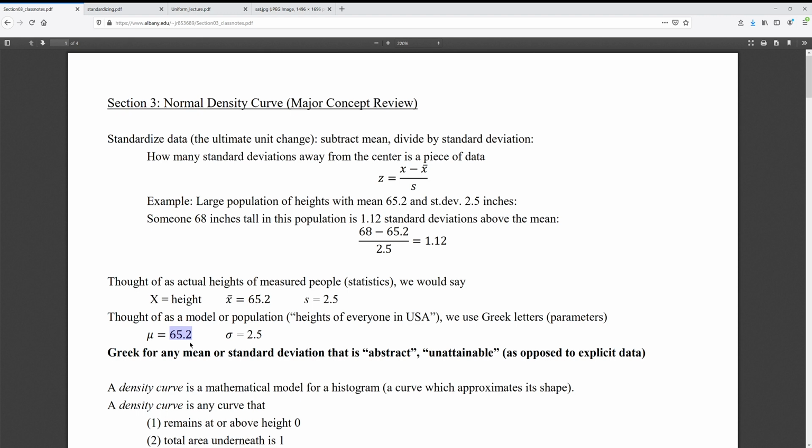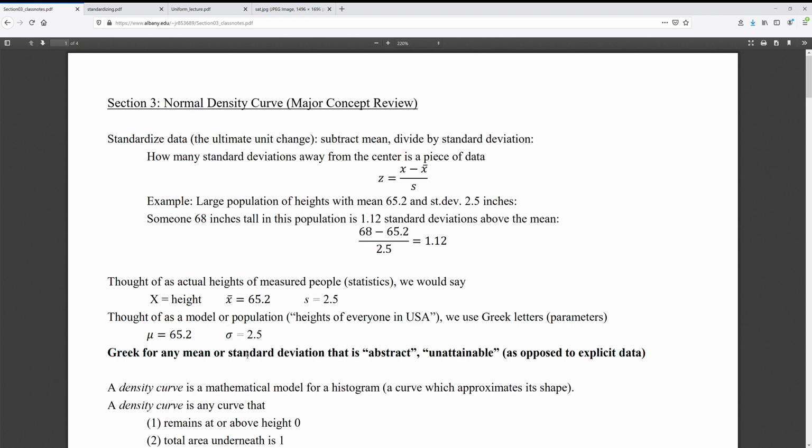So any mean or standard deviation that is not explicitly computed from a set of numbers in front of you, we use the Greek alphabet. Mu for mean, sigma for standard deviation. This is a mu, this is a lowercase mu, and this is a lowercase sigma. This is a very big distinction going forward.